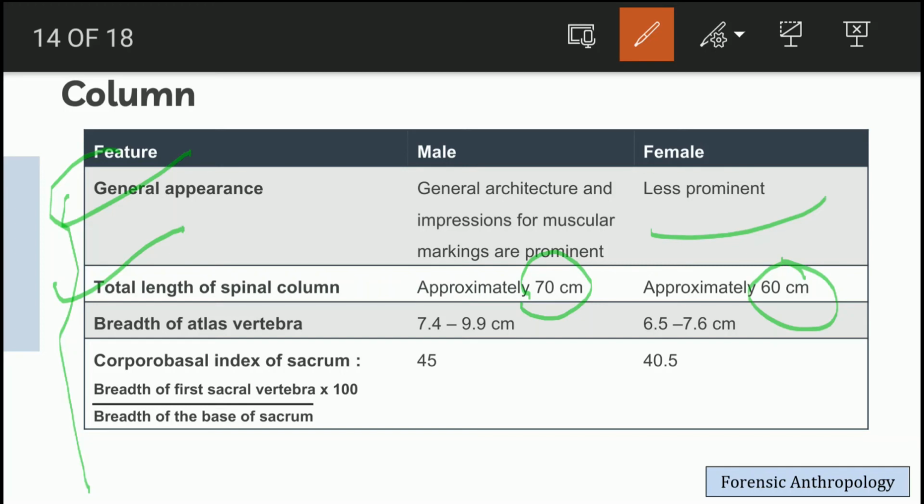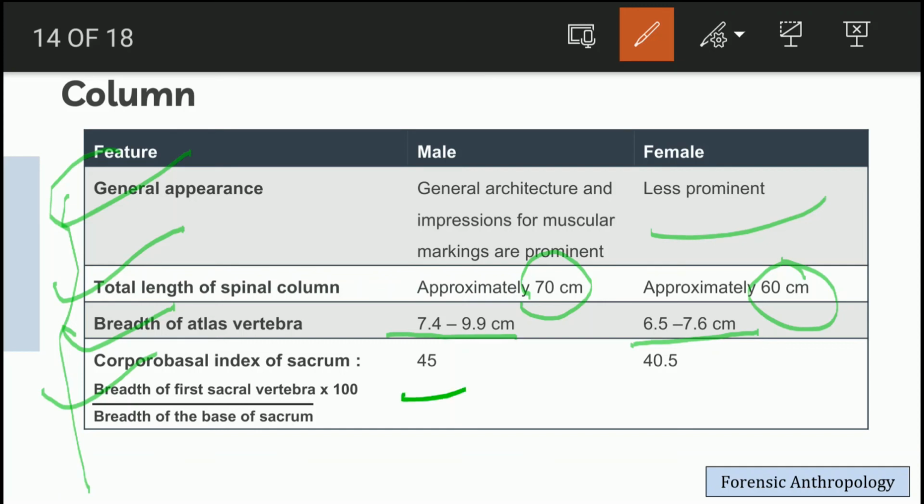The next is the breadth of the atlas vertebra. Atlas is the first vertebra and its breadth in male is 7.4 to 9.9 centimeter and in female it is 6.5 to 7.6 centimeter. The next is the corporobasal index of sacrum, that is the breadth of the first sacral vertebra upon the breadth of the base of the sacrum, times 100.